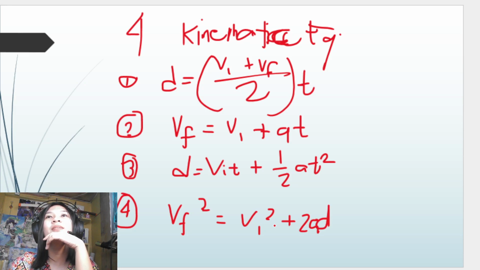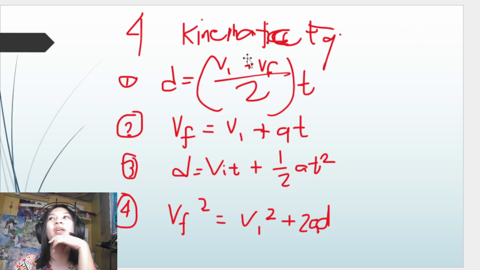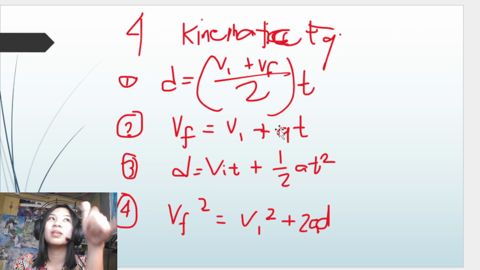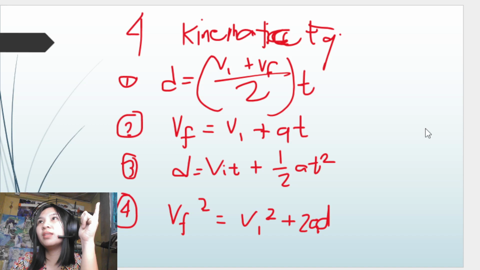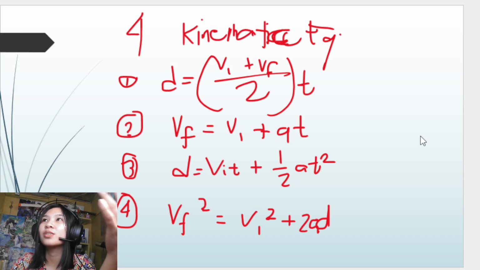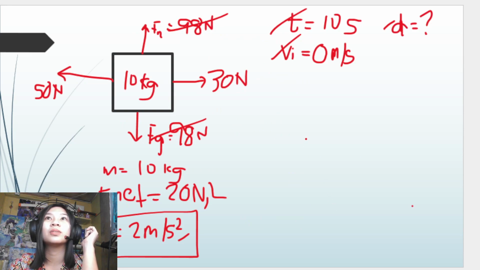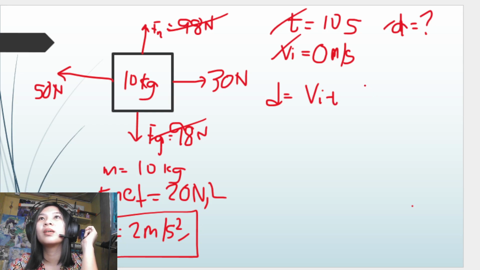So when finding the displacement, we will use the kinematic equations. Which one has displacement, initial velocity, time, and acceleration? That will be the third kinematic equation: d is equal to initial velocity times time plus 1/2 a t squared.